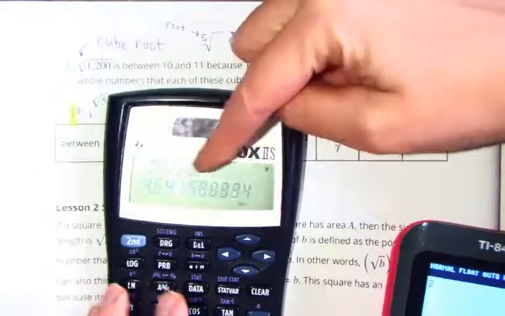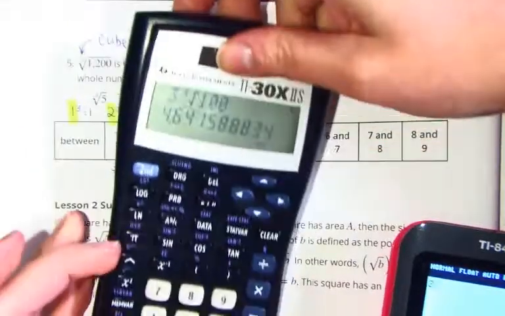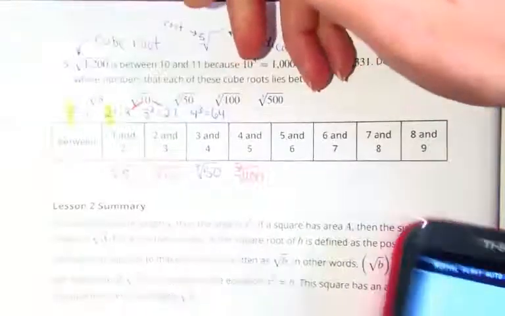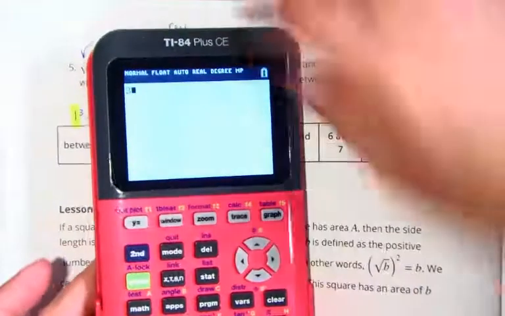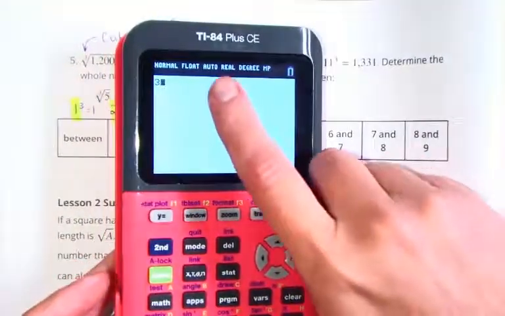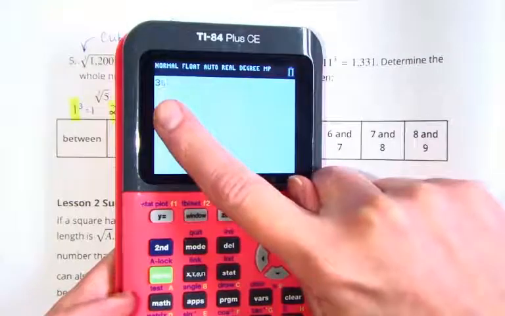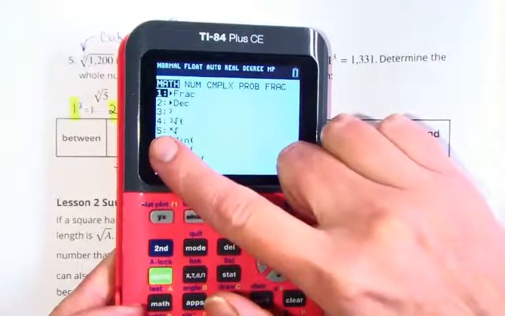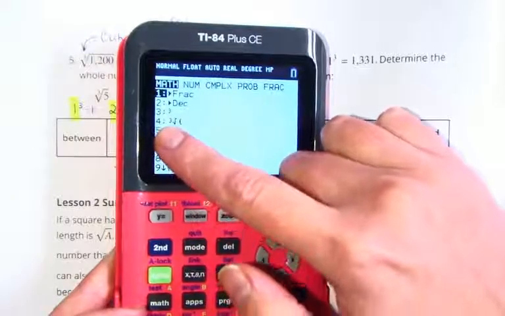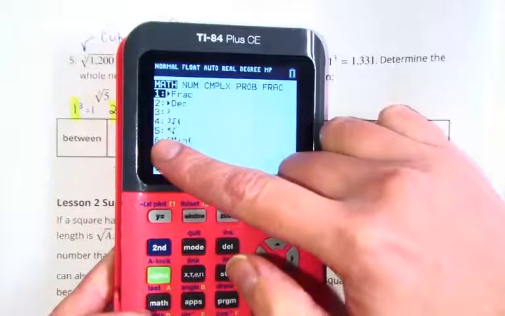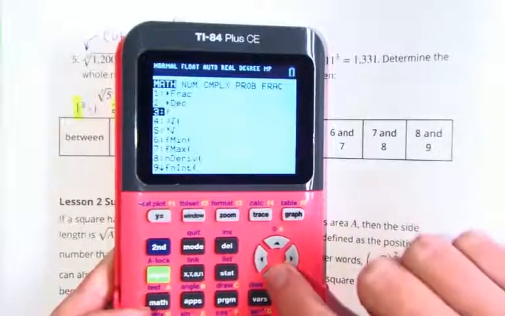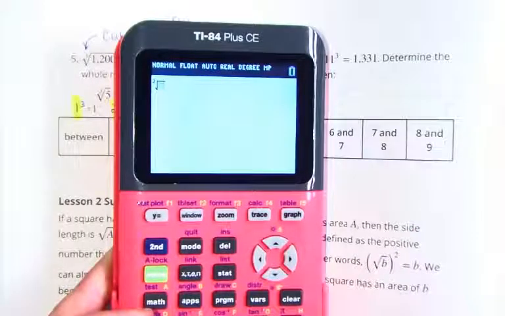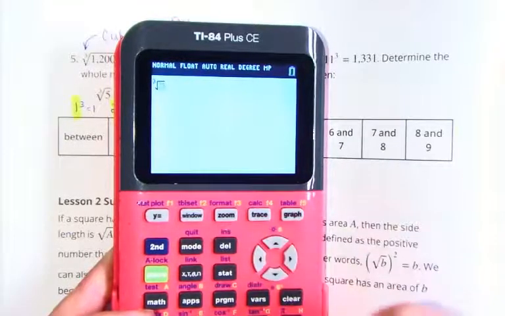So in this calculator, we use that button that has x in front of the square root symbol, the radical. You will find it on your TI-84s and such. Now that I've put the first number in, I'm going to go to the math button. When I hit the math button, there is that same idea. And actually this also does the third root of something. But if I go down to number 5, I can find any number root that I want: 3rd, 5th, 10th, 100th, whatever it might be.